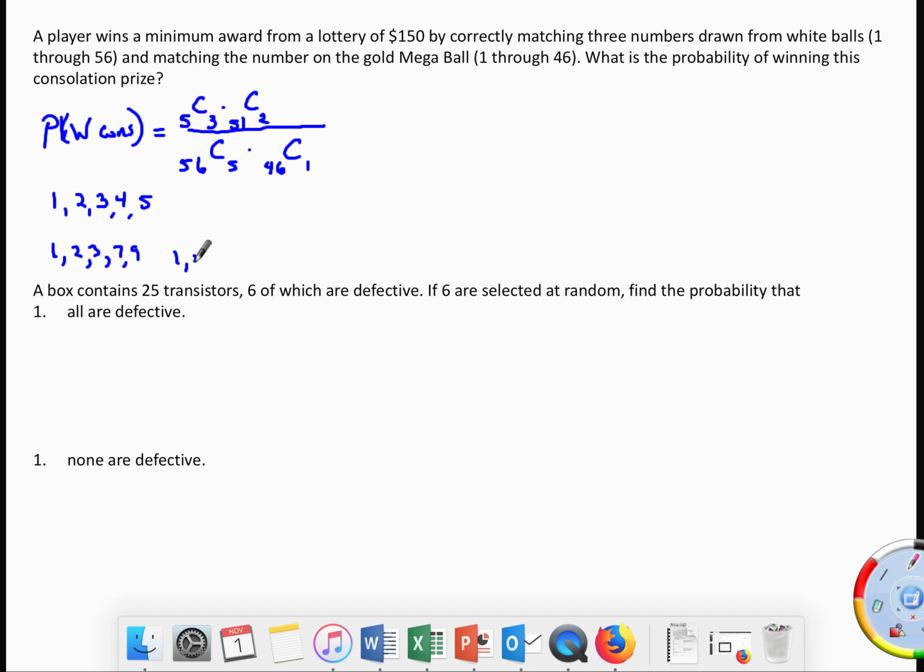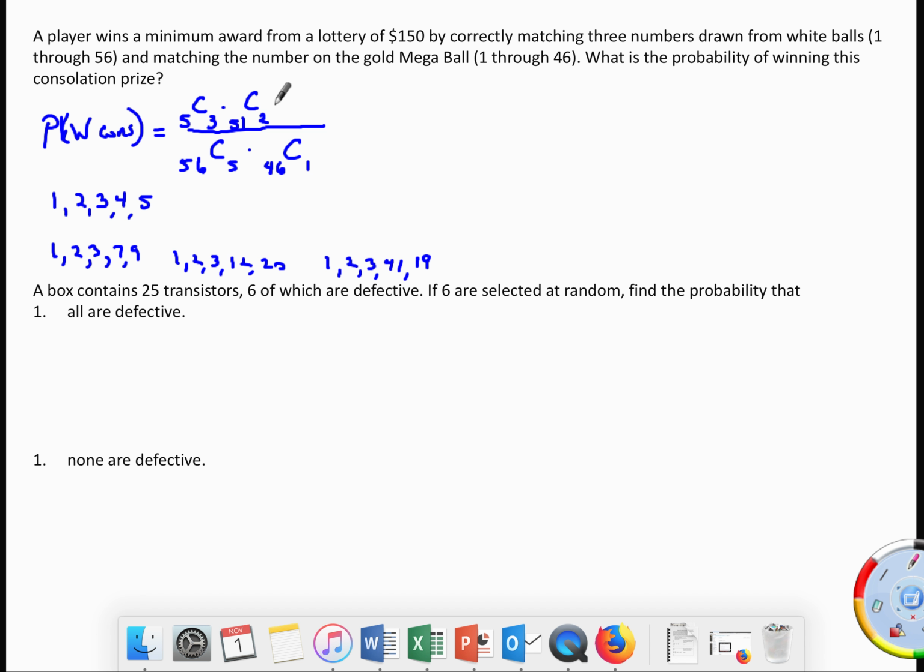You could have had 1, 2, 3, 12, and 20 for your tickets. You could have had 1, 2, 3, not 4, because that's a winning one. So let's say 41 and 19. So that's what we're doing. That's why we also have to count the number of ways you chose those 2 losing balls. There's a lot of different options of choosing the losing balls.